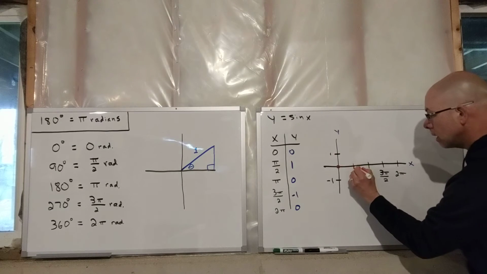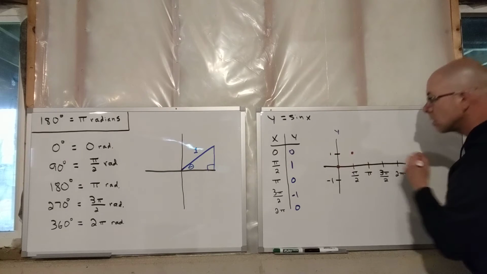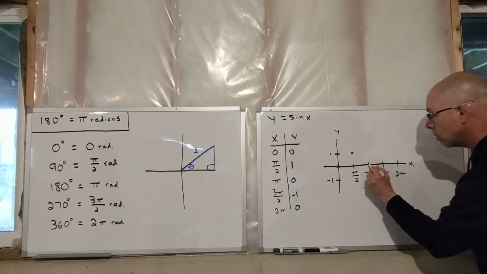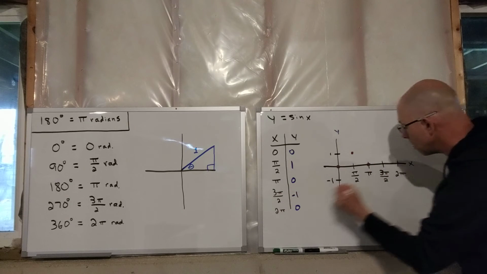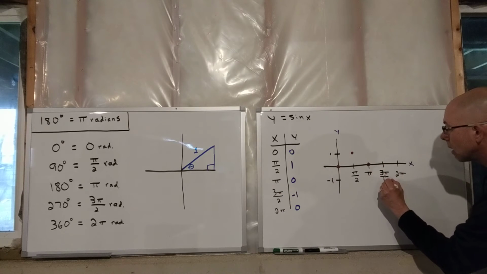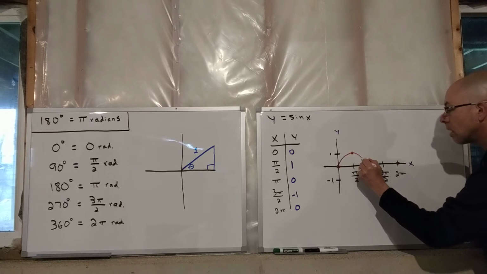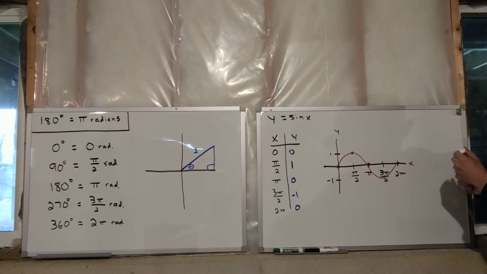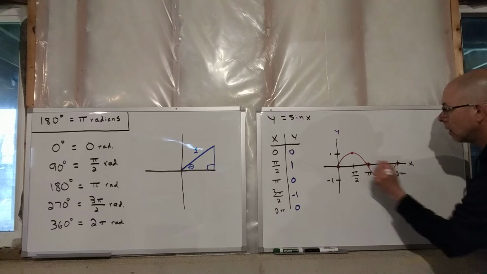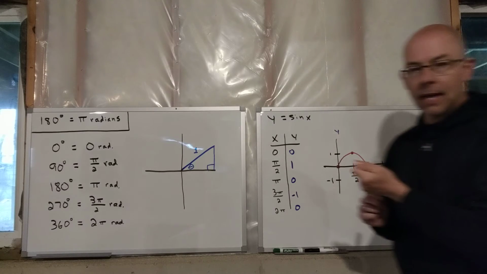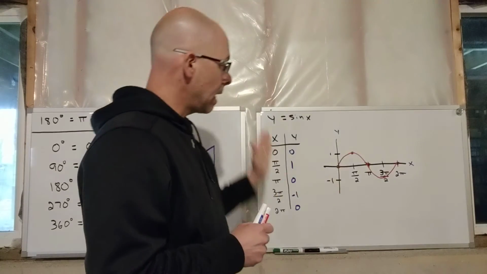Pi over 2, 1 goes there. Pi, 0 goes there. 3 pi over 2, negative 1 goes down here. And 2 pi, 0 goes here. There's that alternating pattern. They call that a sine wave. And it keeps doing it. Think of that.